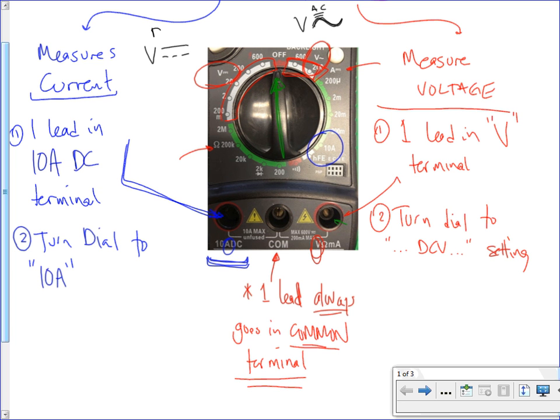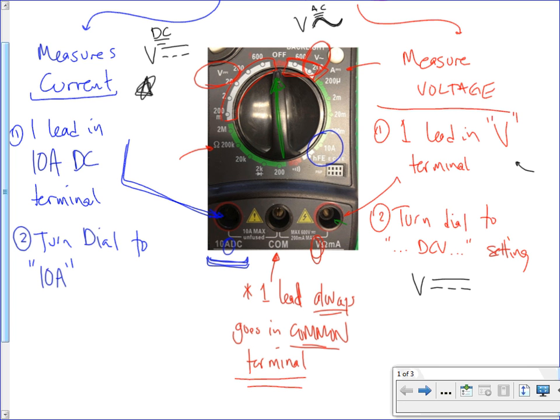This other symbol, which I don't know what it is really supposed to be, represents DC stuff. So that's the one we want: the voltage with the solid and the dotted line underneath it. We put our dial on that setting, and we put our lead in the right terminal. We've got this thing configured to measure voltage.